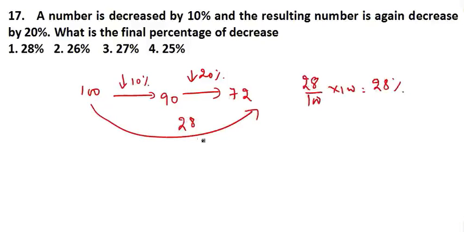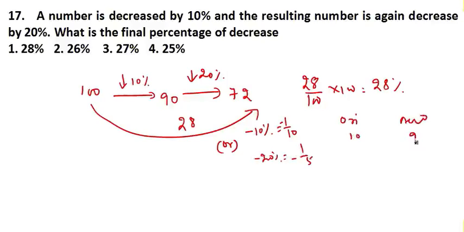If I want to get this as a percentage, it means 28 by 100 into 100, equal to 28%. Fine. Now another approach. Tell me how. It got decreased by 10%, which means 1 by 10 with a minus sign. Then it got decreased again by 20%, which means 1 by 5 with a minus sign. So this is the original number, this is the new number. Before the number was 10, now it became 9. Before it was 5, now it became 4.